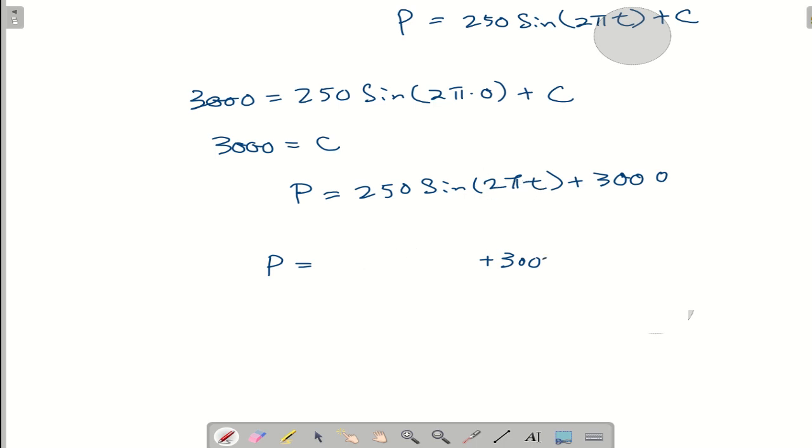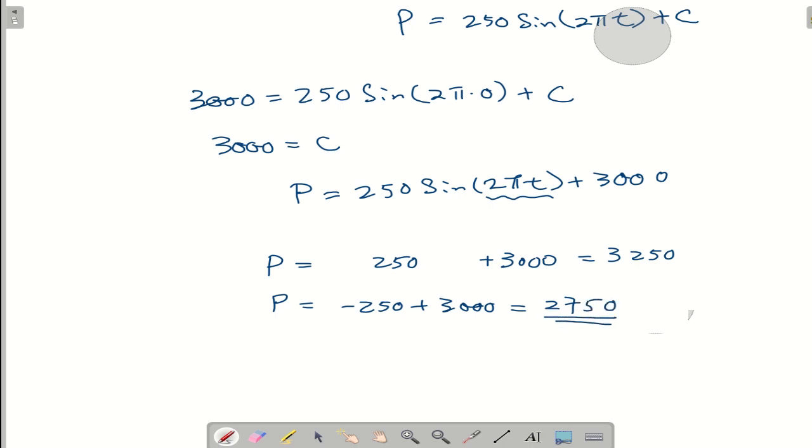So it's 3000 plus 250. So the maximum population should be 3250. And for the minimum population, sine goes to minus 1. So it's minus 250 plus 3000, which is equal to 2750. This is the minimum population and the maximum population of the herd.